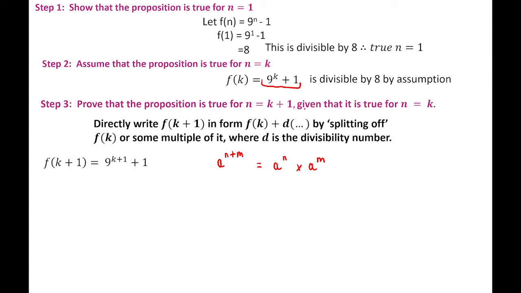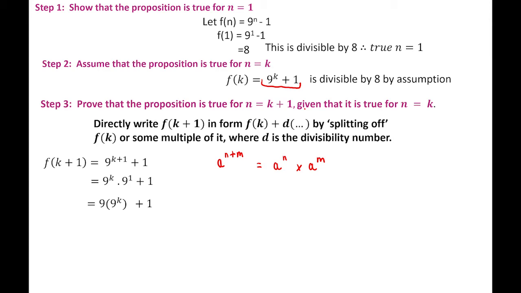This means I can write 9 to the power of k plus 1 as 9 to the power of k times 9 to the power of 1, minus 1. This simplifies to 9 times 9 to the power of k, minus 1.